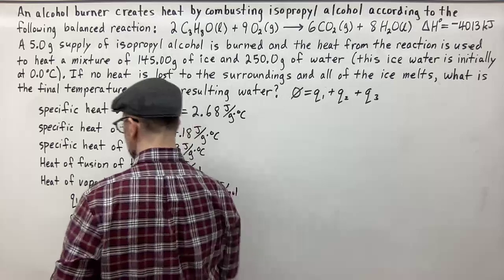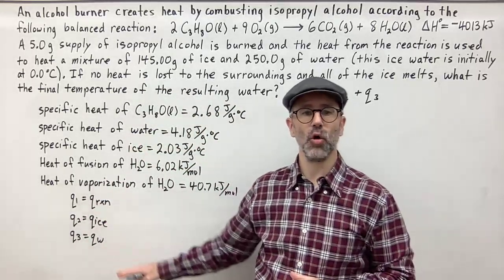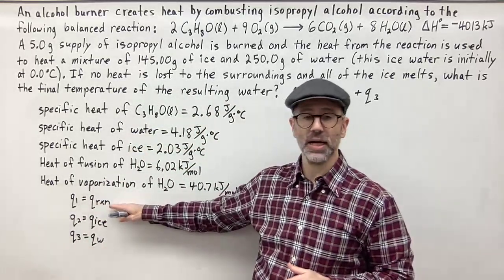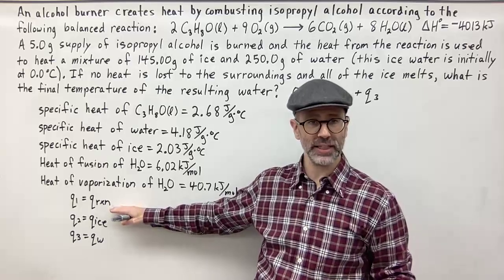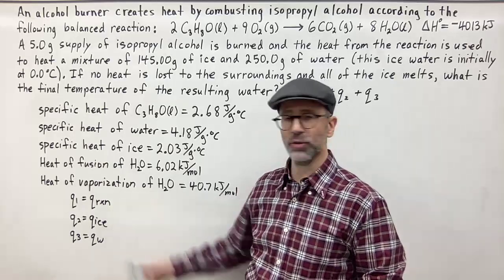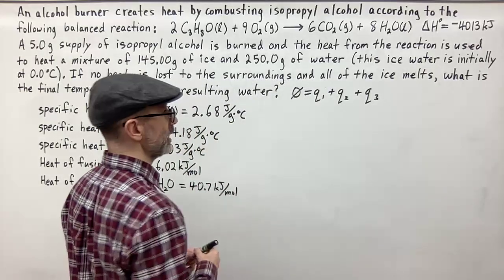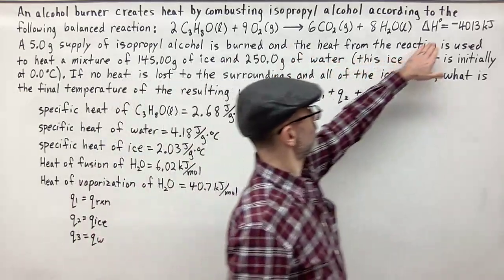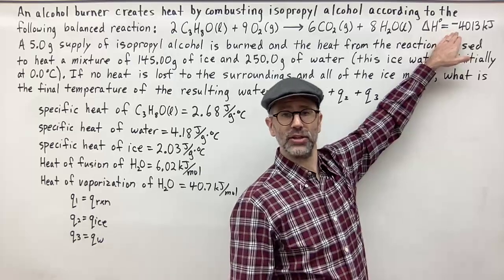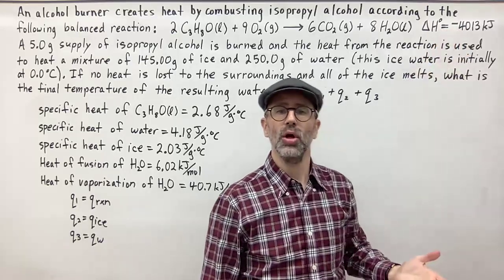Now I need to figure out what formulas I need in order to calculate each of these amounts of energy or heat that's lost or absorbed. So Q1 is the Q of the reaction. Let's start with that one. So the Q of the reaction, that's going to be related to the enthalpy of the reaction. The enthalpy of the reaction here is kilojoules per mole, right?